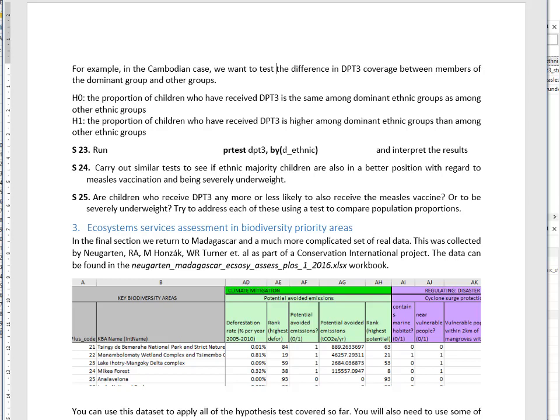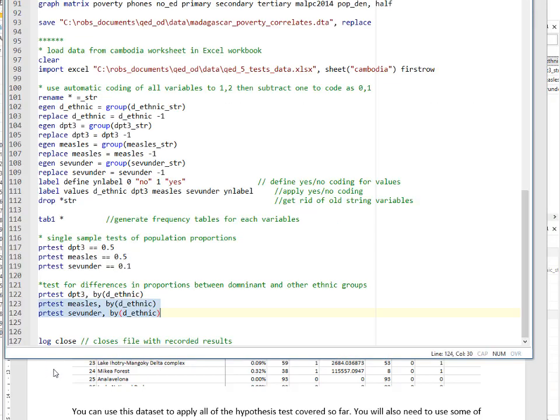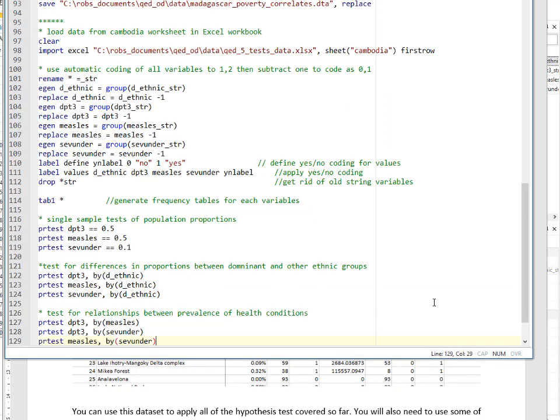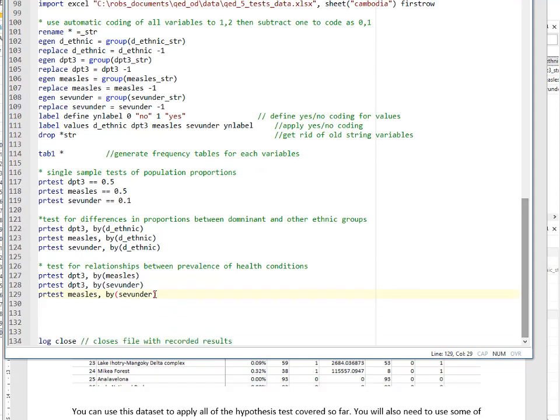So basically, it's almost like looking for correlations, looking at all the different combinations, and they're fairly easy to do just by copying the code and pasting it in as before. So testing for relations between the prevalence of these health conditions, just execute all of those at once.